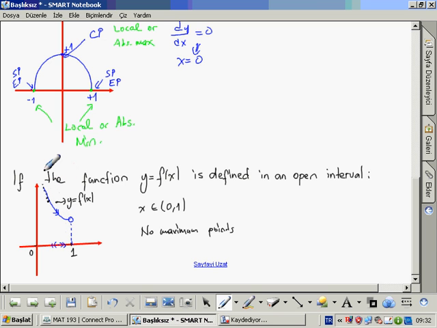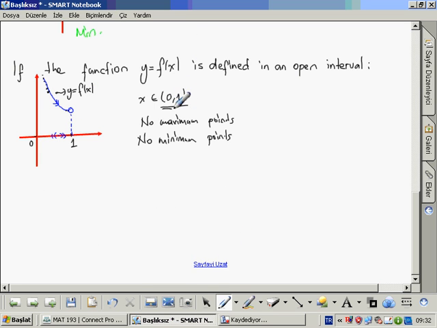The same idea applies to the minimum: if you select this point as the minimum point, we can find a point less than it, so we can always find lower points. So please pay attention to open intervals. Open intervals are problematic for critical points.